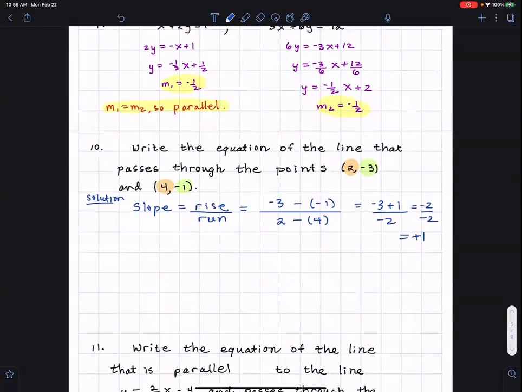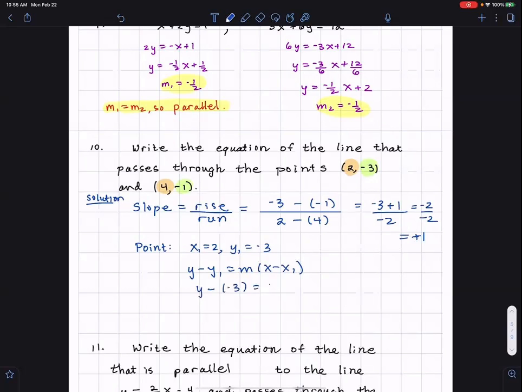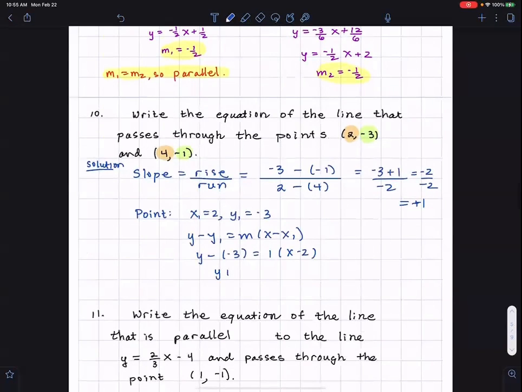Okay, and so then we have our points. You can pick any of those 2 points, x1 equals 2, y1 equals negative 3. Then I'm going to use y minus y1 equals m times x minus x1. So y minus negative 3 equals 1 times x minus 2. Then y plus 3 equals x minus 2.